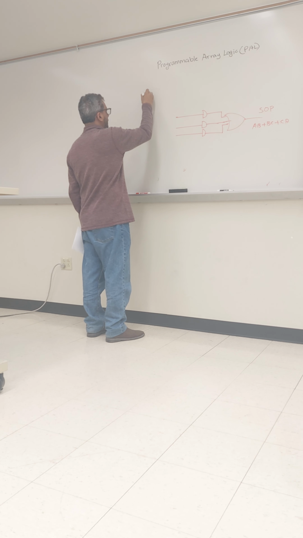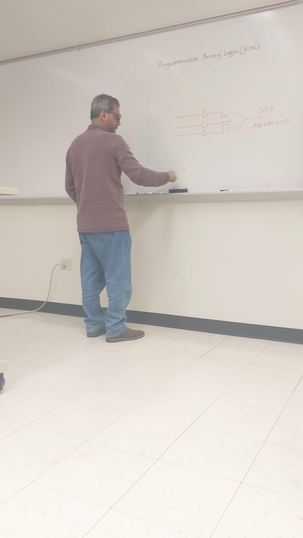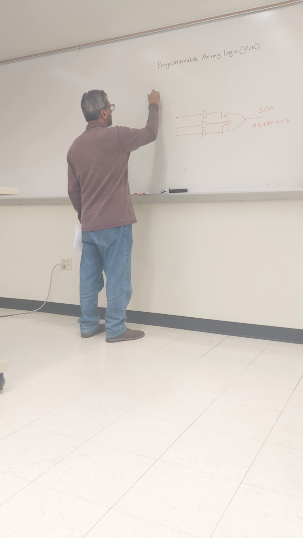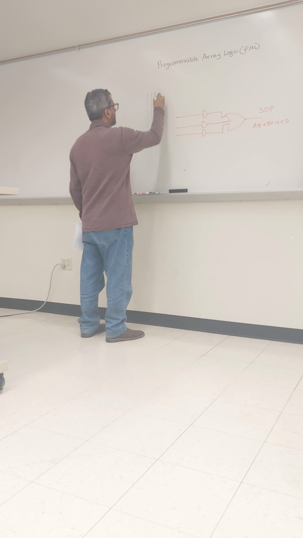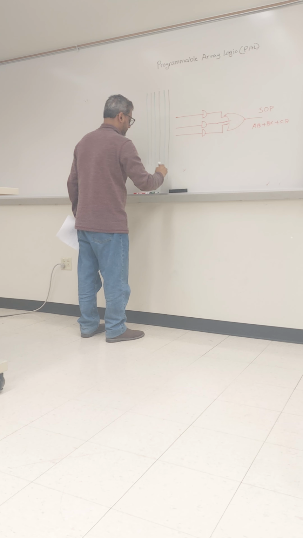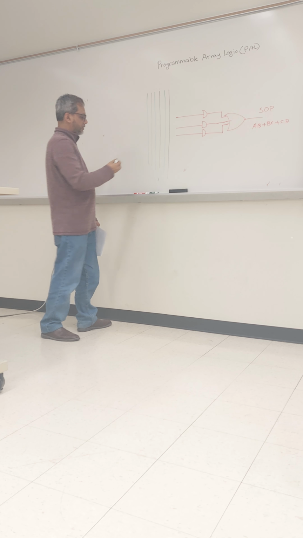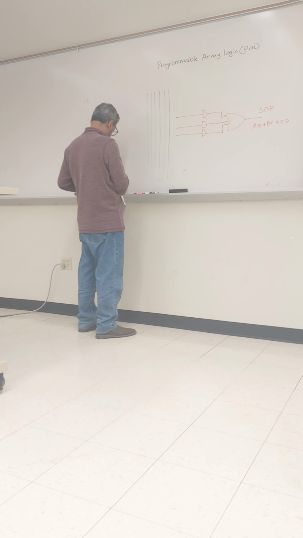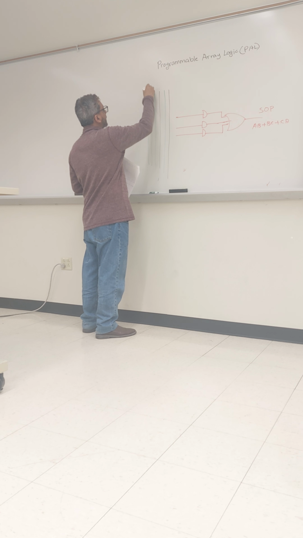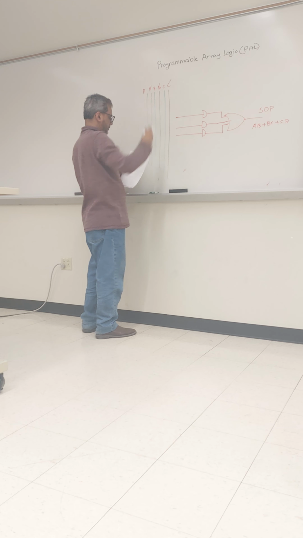So here if I draw, we are using colors so that we don't get confused. So here we have, for example, A bar, B bar, C bar.